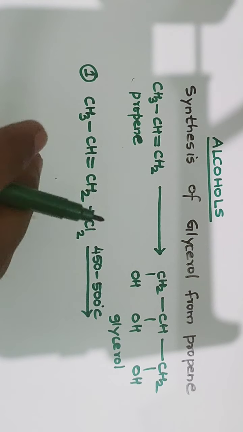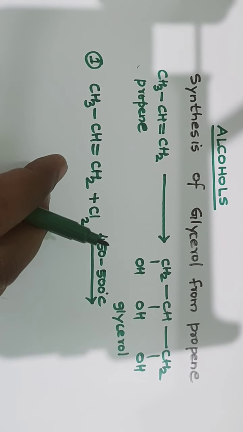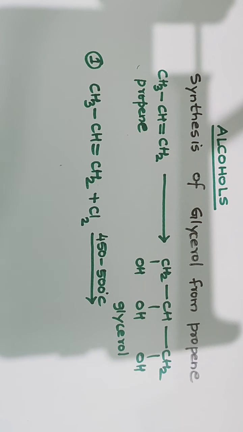Okay, this propene is treated with chlorine at a temperature of 450 to 500 degrees Celsius.